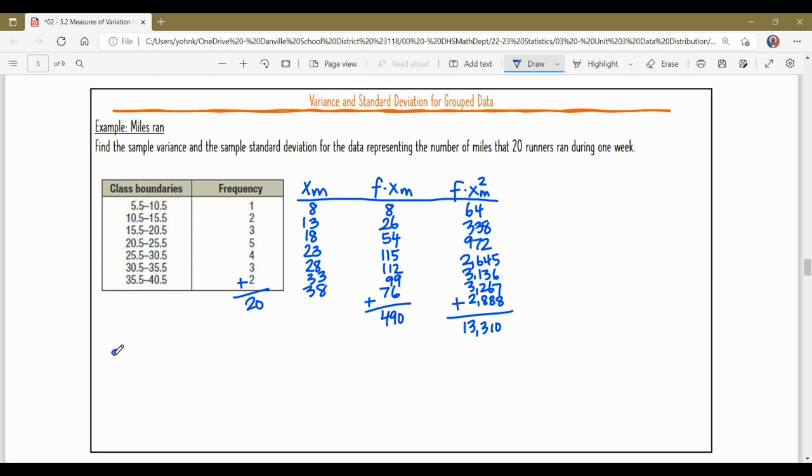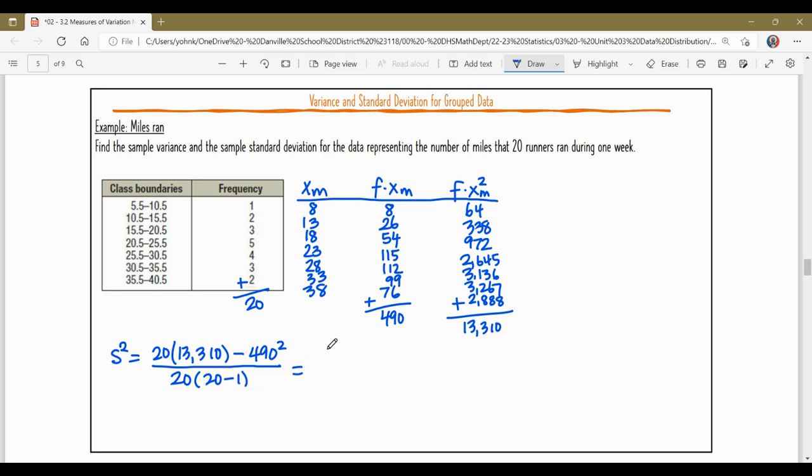Now the formula says that to find the variance, I'm going to take the frequency, which is 20, multiply it by the f times xm quantity squared. So that'd be 13,310. Then I subtract the frequency times midpoint, that squared, 490 squared. I divide by the total frequency, which is 20, times the total frequency minus 1.